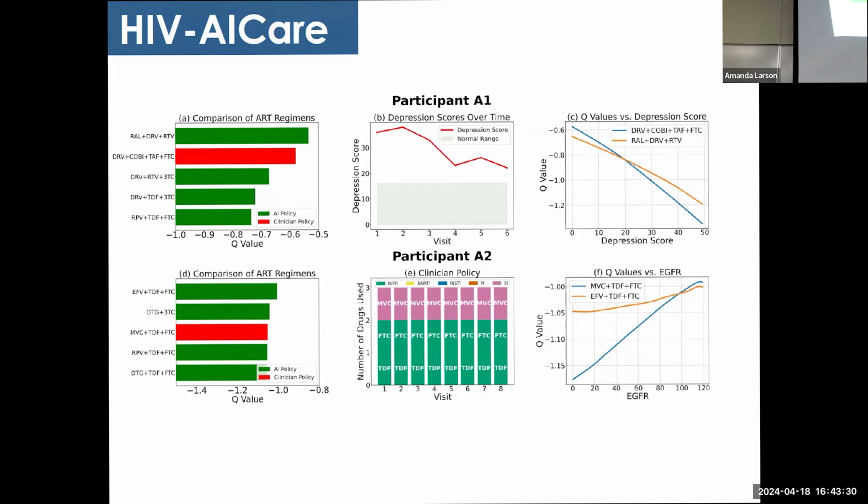Even the clinician doesn't know that. So the clinician's goal and the AI goal are not exactly the same. That's another hurdle, but it's also the motivation for developing this, because there are parts of this problem clinicians couldn't think of, so we can incorporate that into their decision-making process. Thank you.